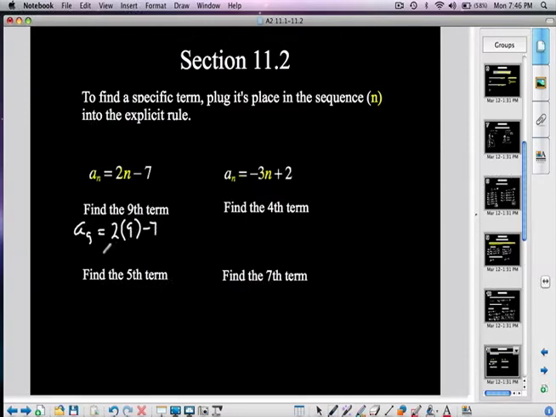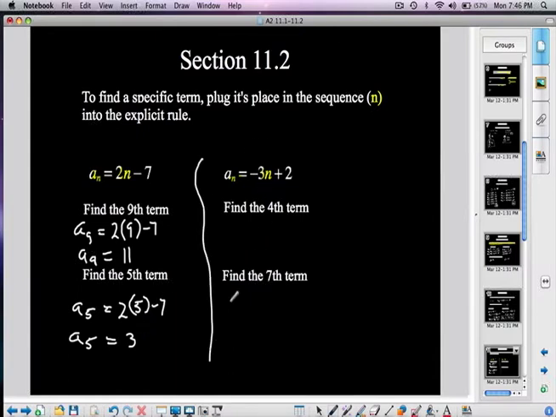Well, 18 minus 7 is 11. If I want to find the fifth term, a sub 5 will be equal to 2 times 5 minus 7, and 10 minus 7 is 3. So a sub 5 would be equal to 3.